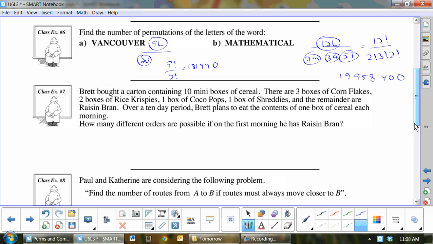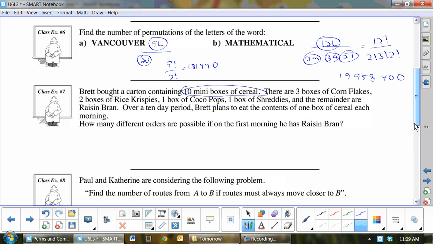Now, here's the first thing we need to know: how many boxes of cereal am I dealing with? So would it be 10 factorial? Do we have 10 boxes of cereal? So would 10 be the number of choices? Yes or no, you guys?